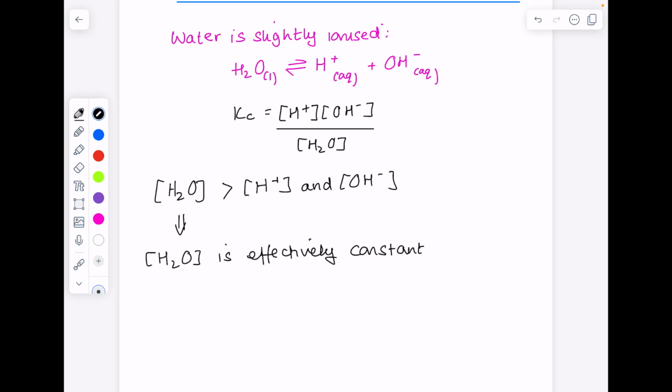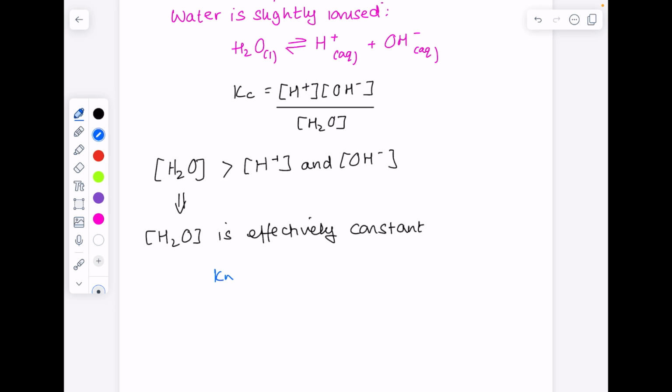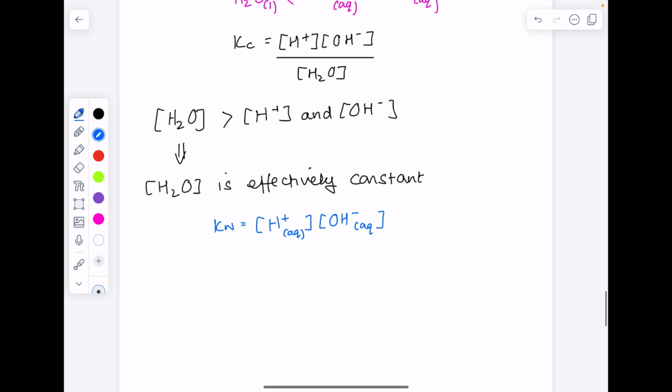And we can therefore incorporate it into the equilibrium constant Kc to create a new constant known as Kw, which is the ionic product of water. And at 298 Kelvin, the ionic product of water, Kw, equals exactly 1.0 times 10 to the minus 14. And this value here is something you'll need to know off by heart.